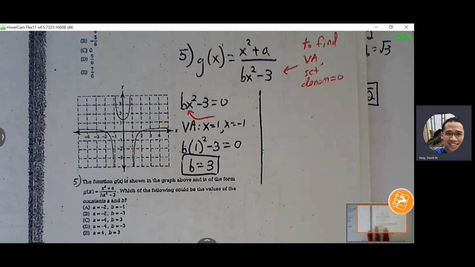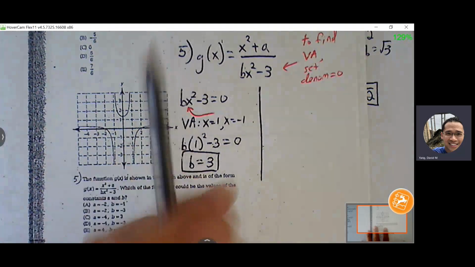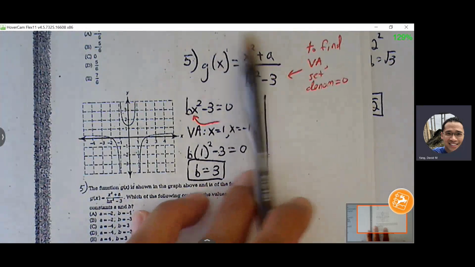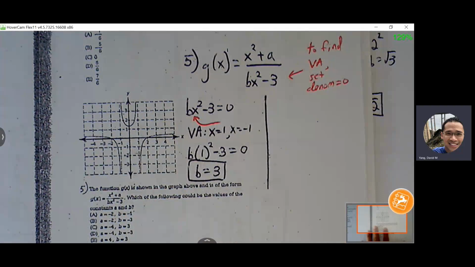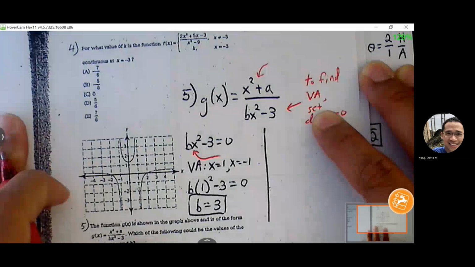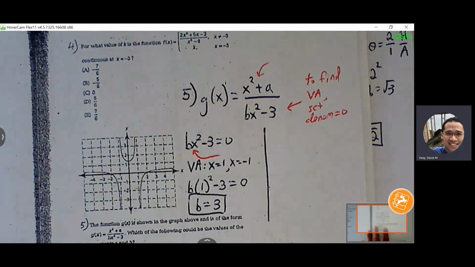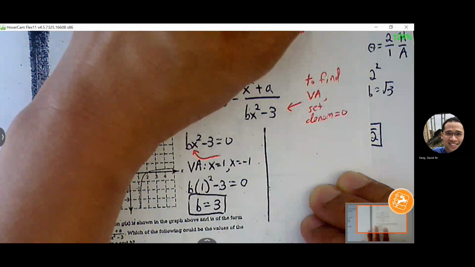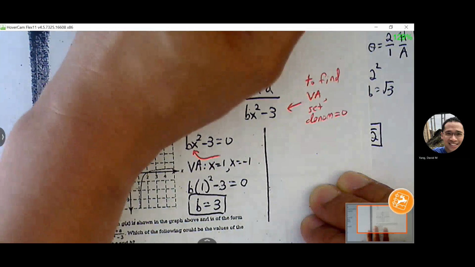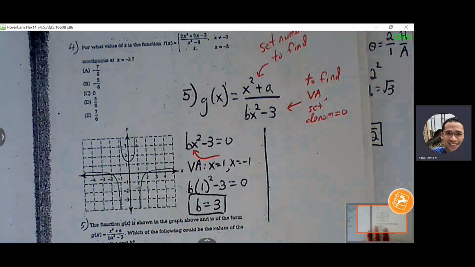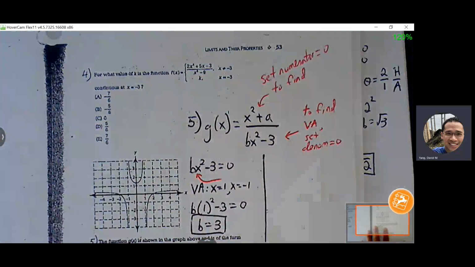Okay, so now I need to solve for a. What if I set the numerator equal to 0? What information could that give us? Do you guys remember? Denominator set equal to 0 helps us find vertical asymptotes.